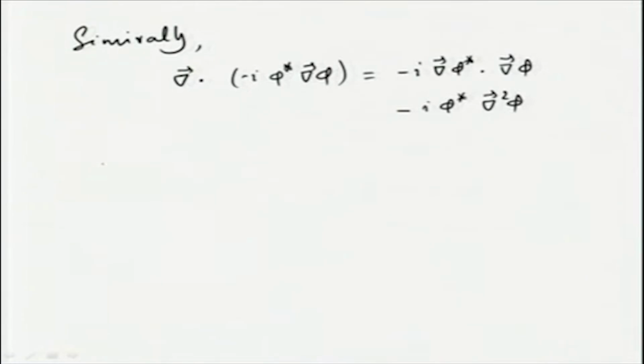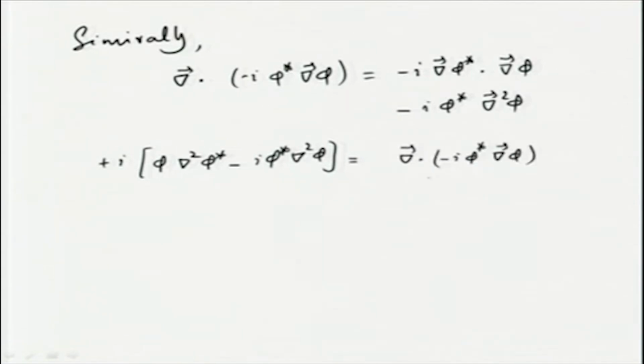So, the second term in equation 4, which is plus i phi grad square phi star minus i phi star grad square phi, can be written as del dot minus i phi star grad phi, minus i grad phi star dot grad phi.